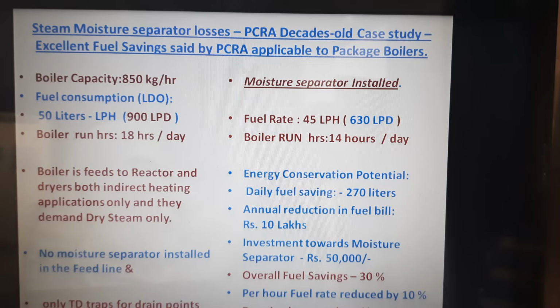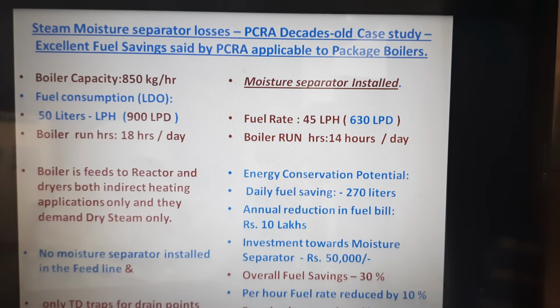Ultimately, this retrofit of the moisture separator at the boiler end and at the tail end, especially on the heavy load end, gave an overall saving: the per hour fuel rate reduced by 10%, and the running hours reduced by 22%. The investment is just 50,000 only, and the annual reduction in the fuel bill is more than 10 lakhs. This is a mandatory moisture separator retrofit to be done in each and every package boiler.